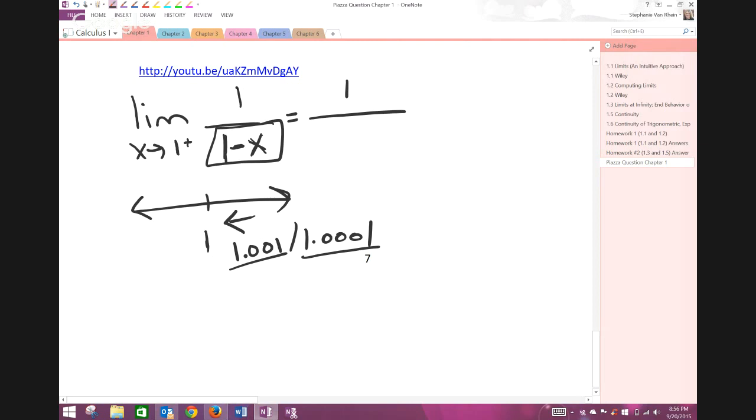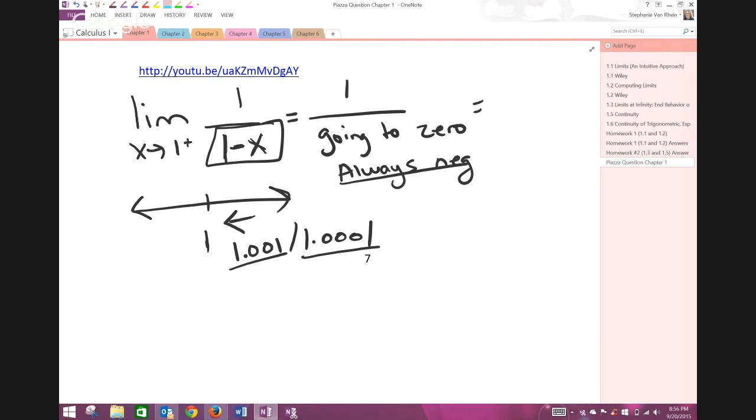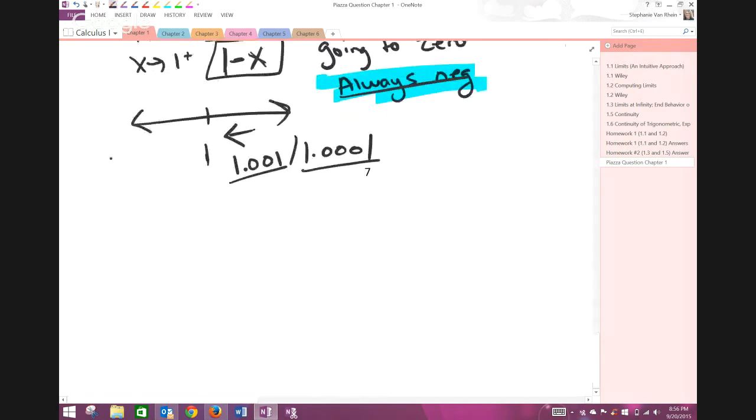So this is going to 0, but always negative. 1 over something going to 0 goes to infinity, but since it's always negative, the answer here would be negative infinity.